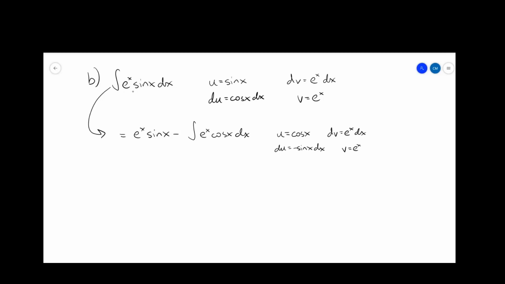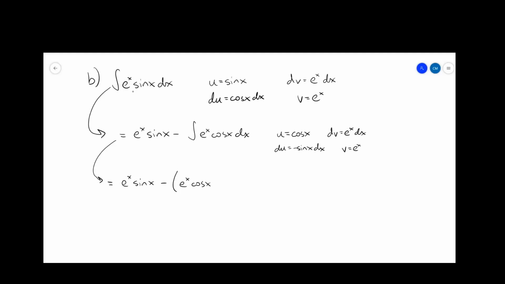Okay, so then we'll see what happens when we do that. This integral here is going to become e to the x sine x, stays there, minus, now we have a new set of terms to do here. uv, that's going to be, oh, I'm sorry, e to the x cosine x, minus the integral v du.